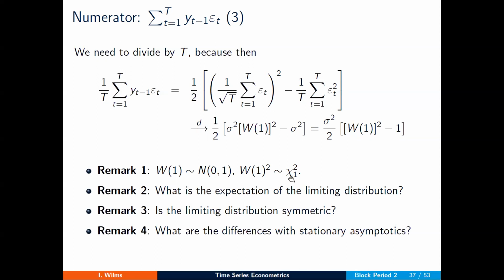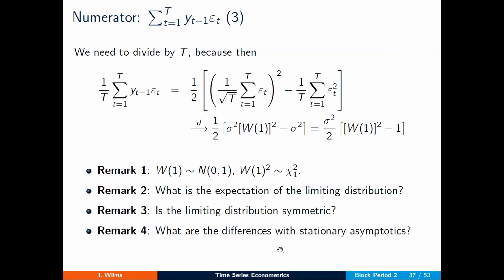Well, the expected value of a chi-square with 1 degree of freedom is equal to 1. So the expected value of this limiting distribution is then 1 minus 1, or equal to 0. Third question, is the limiting distribution symmetric? Well, no, because the chi-square is not a symmetric distribution, it's asymmetric.